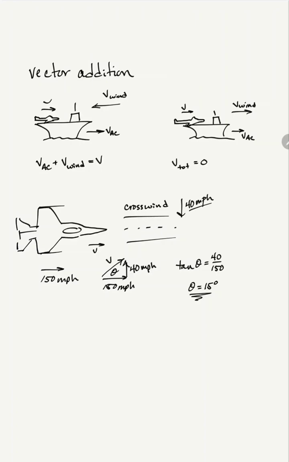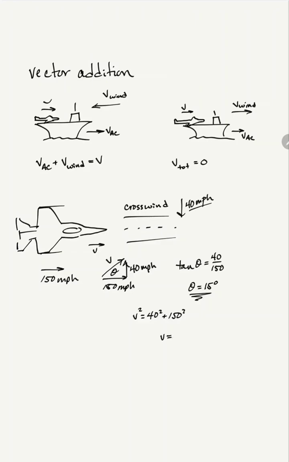All right. Now, not only do I have to land at a 15-degree angle, but I also have to change my speed. So you've got to figure out, what's the hypotenuse of that? You can say V squared equals 40 squared plus 150 squared. A squared plus B squared equals C squared. No problem. And you can say, okay, how fast do I have to go?